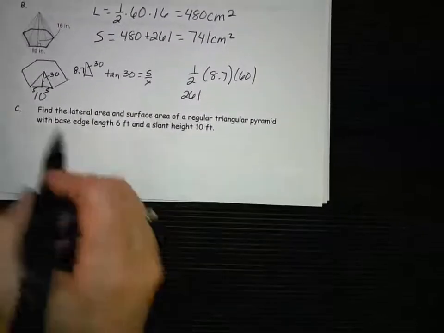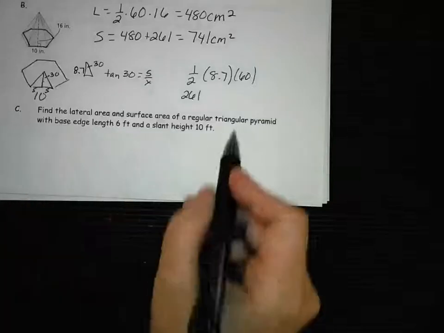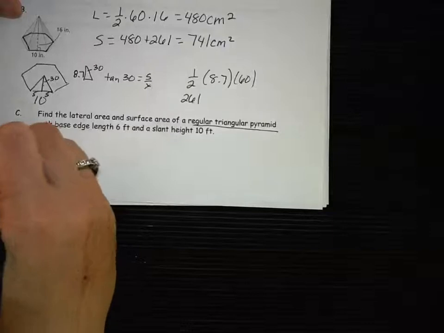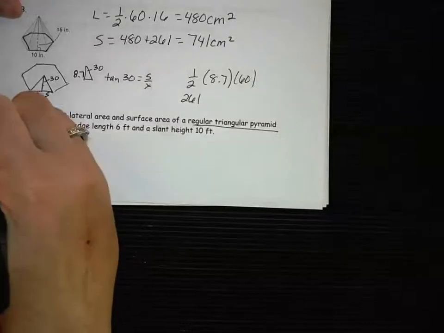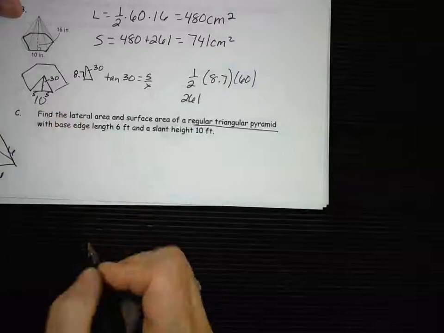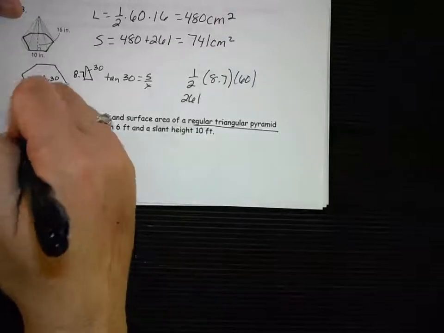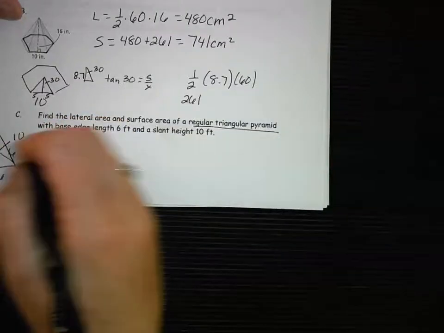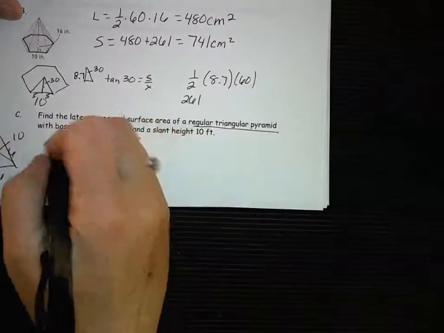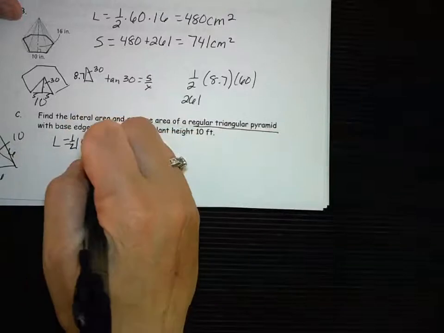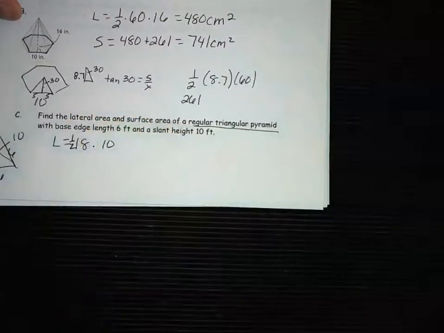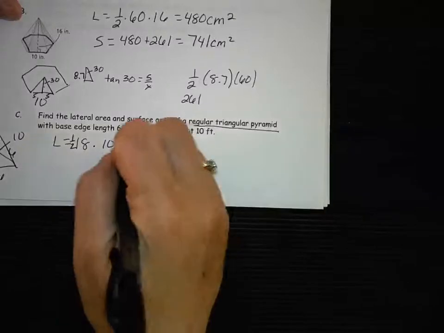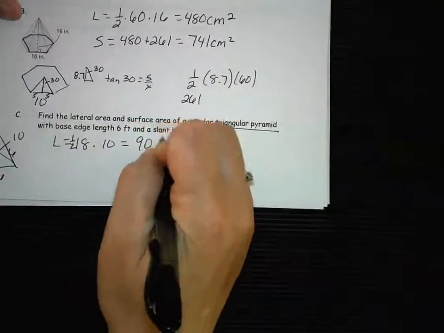And letter C, lateral area and surface area of a regular triangular pyramid with a base edge of length 6, and your slant height is 10. Lateral area is 1/2 the perimeter of the base times the slant height. So our lateral area is 90 square feet.